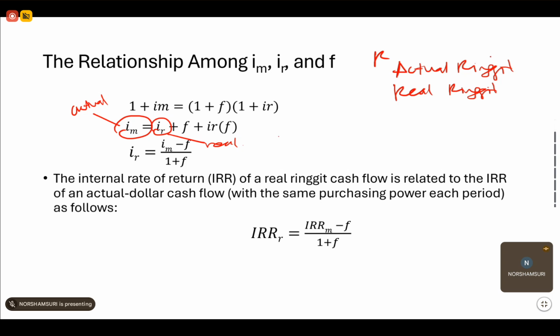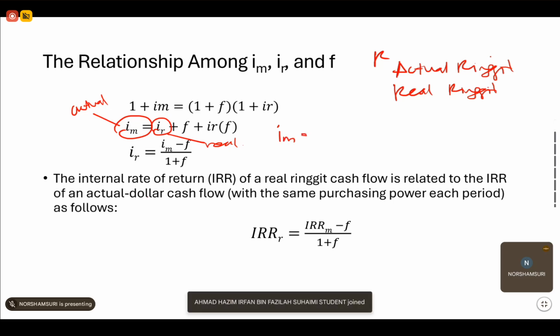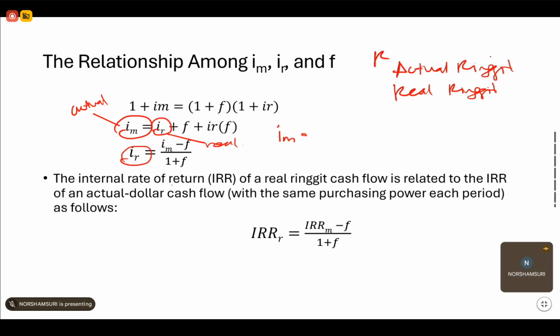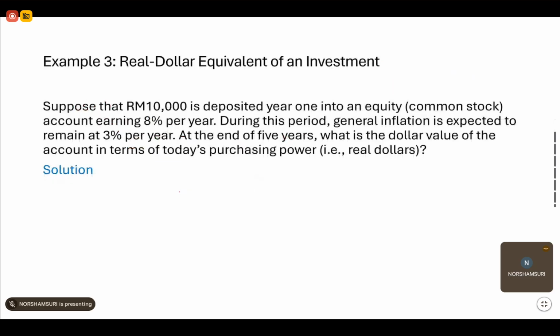So if you want to get the actual interest, I actual or I market here, you have to use this formula. Or you can also use the real one, which is the real value, and then you can use the formula to get the real interest rate. It depends. For example, here we have the real dollar equivalent of investment.